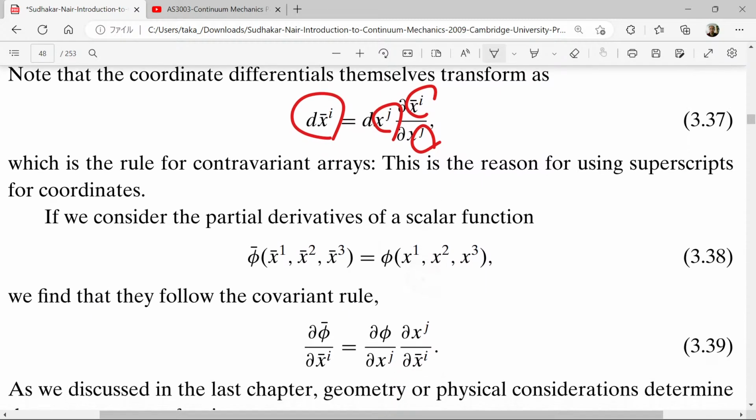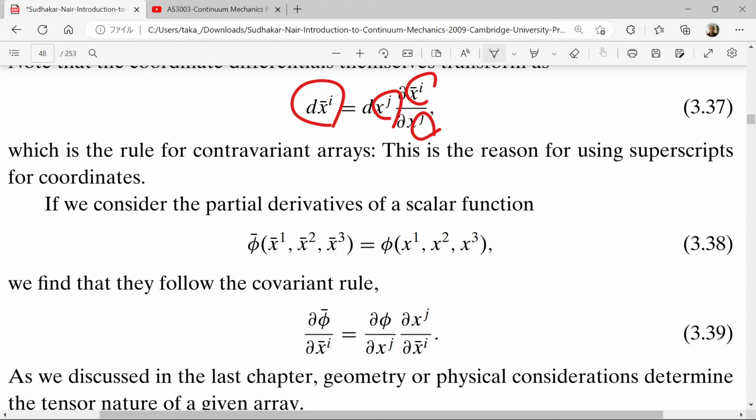This is the reason for using superscripts for coordinates.